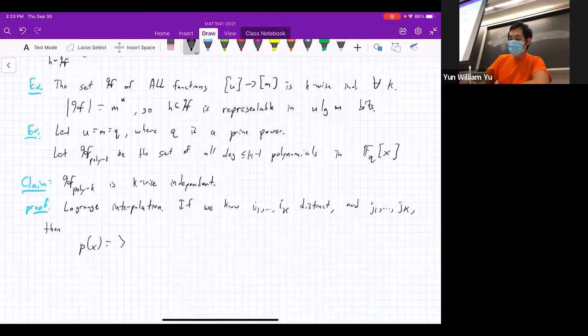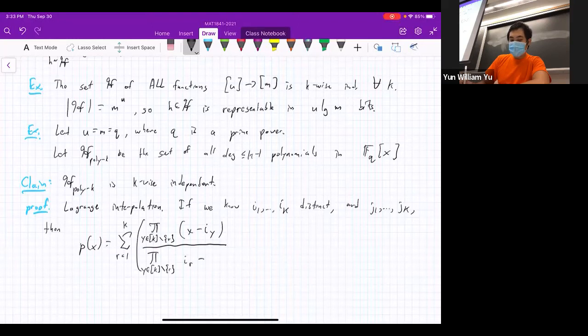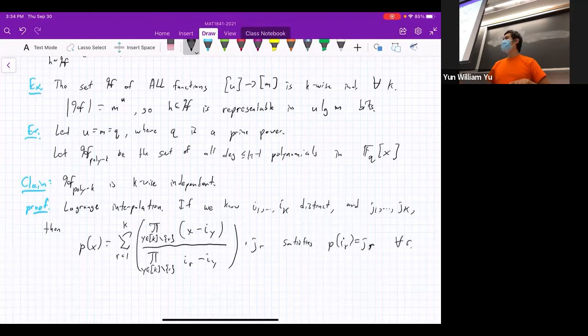So I won't spend too much time on this, but the sum from R equal 1 to K of the product over all Y in the set 0 through K minus 1, not including R, of X minus IY, times the inverse of the product over Y in K, not including R, of IR minus IY, times JR, satisfies P of IR is equal to JR for all R. Do I need to prove this?